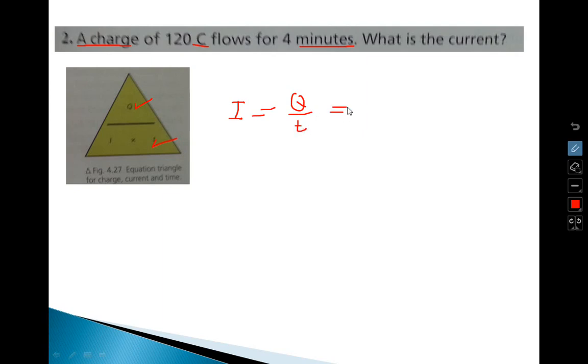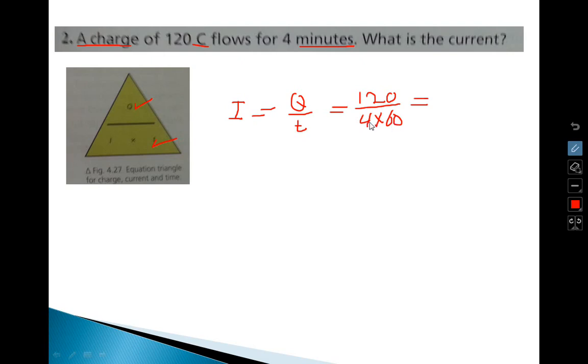The Q is equal to what? 120. And this one, T, is what? 4 times 60. We need to change it from minute to second. So the result is what? 120 over 4 times 60.